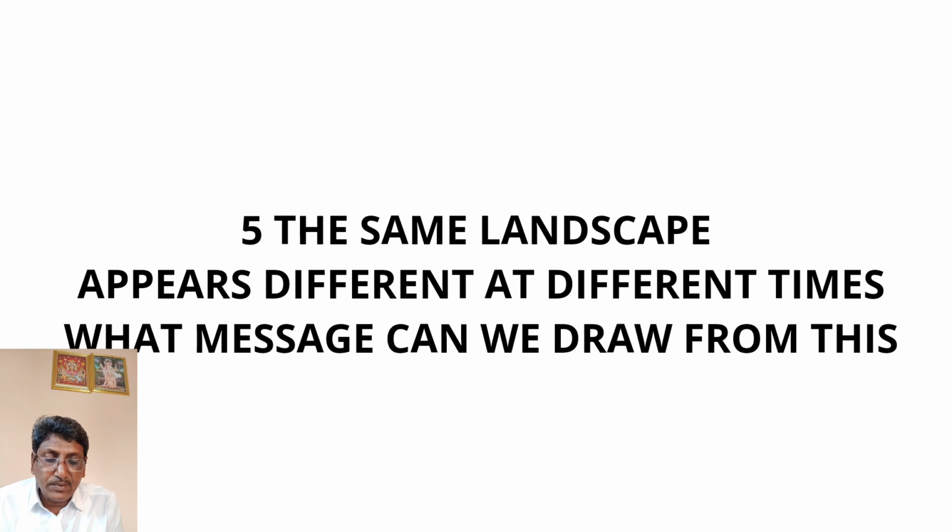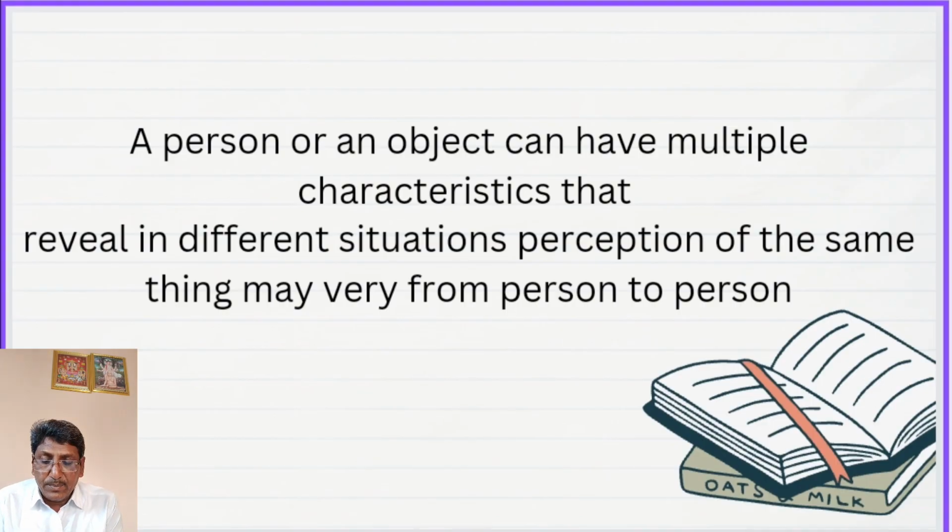The same landscape appears different at different times. What message can we draw from this? This is activity number 5. Some landscapes appear different at different times also. And what is the message of activity number 5? So I will tell you, a person or an object can have multiple characteristics that reveal in different situations.